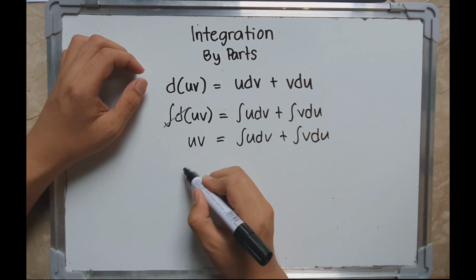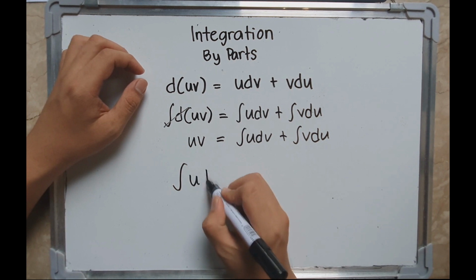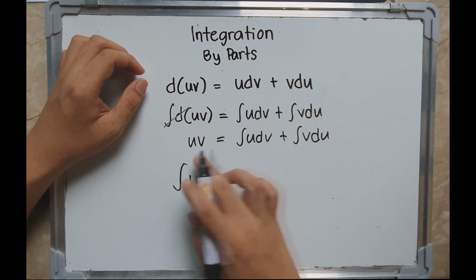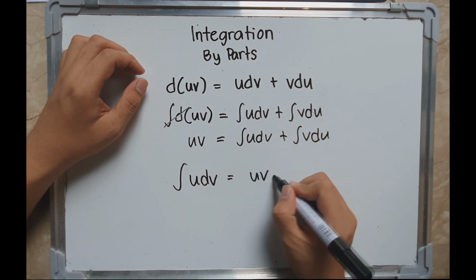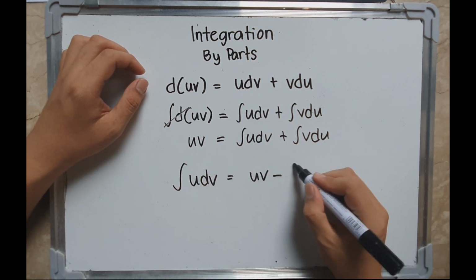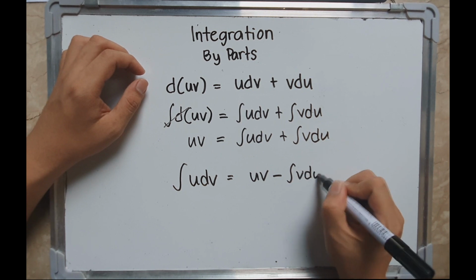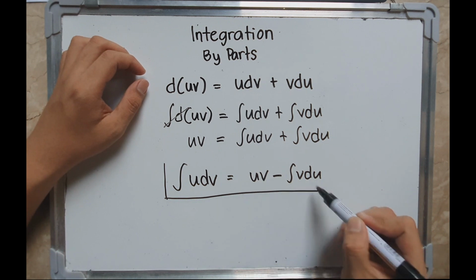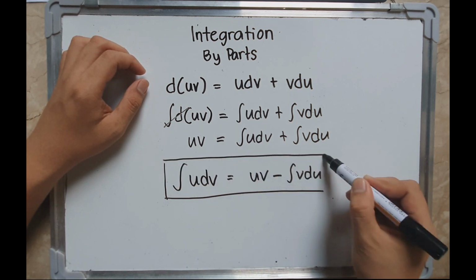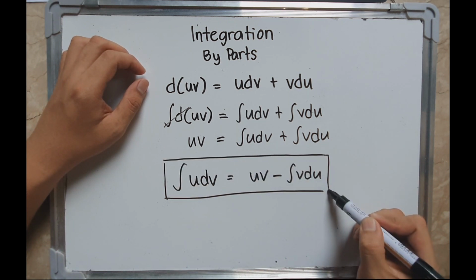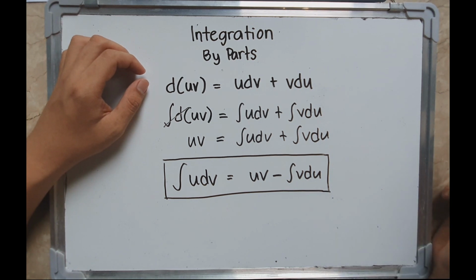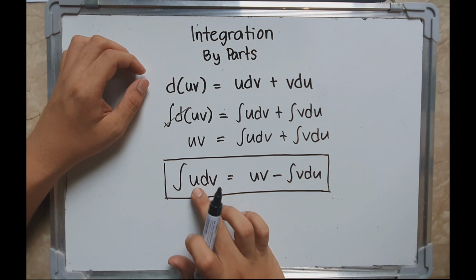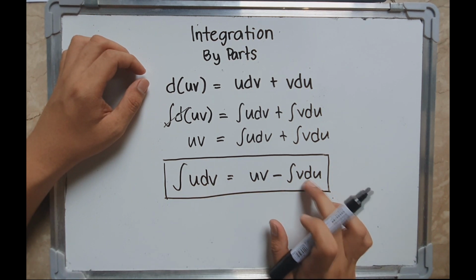So we now come to the integral of u dv, and we now have the result uv minus the integral of v du. Now this is our formula here at integration by parts. It is called integration by parts because we are solving an integral by the use of another integral.